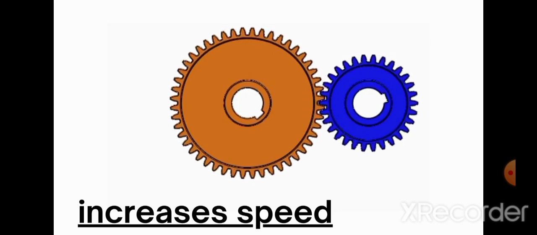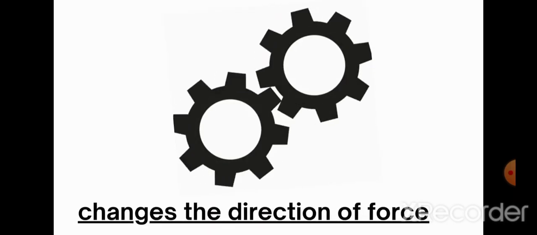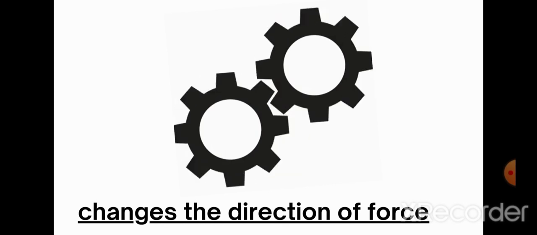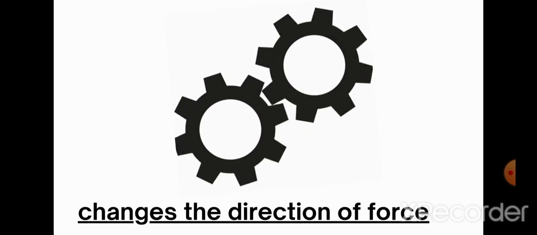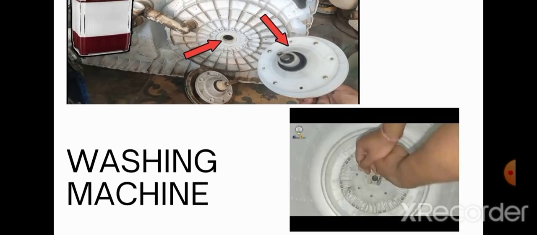So a gear system with the driving gear bigger increases speed. But when they are both equal, it means the gear train or the gear system is needed to change the direction of force. So these are the different benefits of using gears.